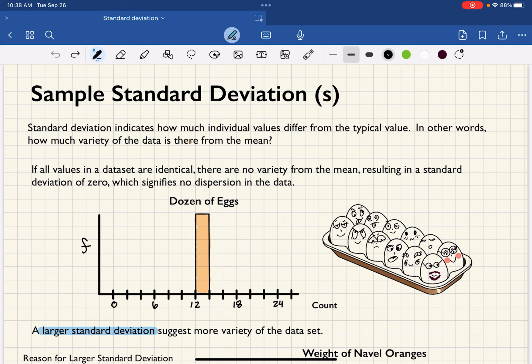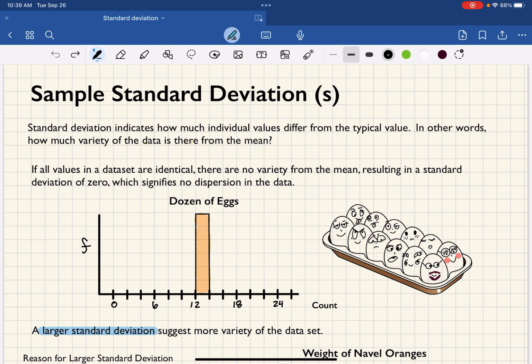In this situation, the standard deviation is 0, because there's no variety of other egg cartons of 6 or 3 or 25 or 18. It's always 12. So if all the values in the data set are identical, there is no variety from the mean, resulting in a standard deviation of 0, which signifies no dispersion of the data.